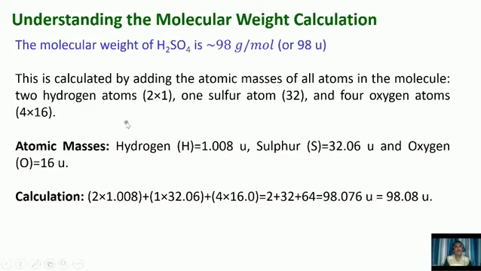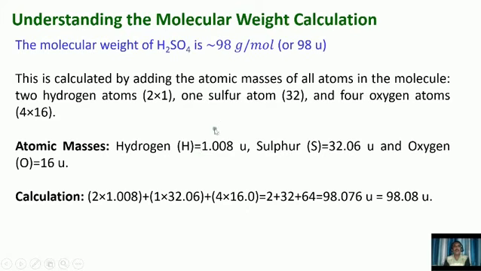So 2 into 1, here roughly 1 is taken, that is the atomic mass of hydrogen. 32 is taken, that is the atomic mass of sulfur. Then for oxygen the atomic mass is 16. It is multiplied by 4 as there are 4 oxygen atoms here. If we take it accurately, then hydrogen has an atomic mass of 1.0078.